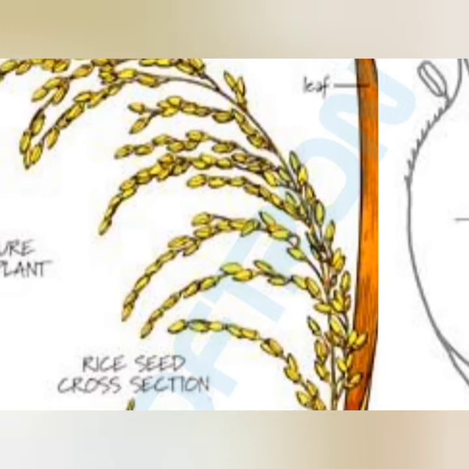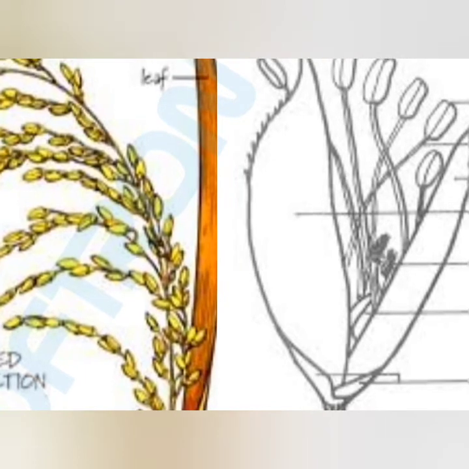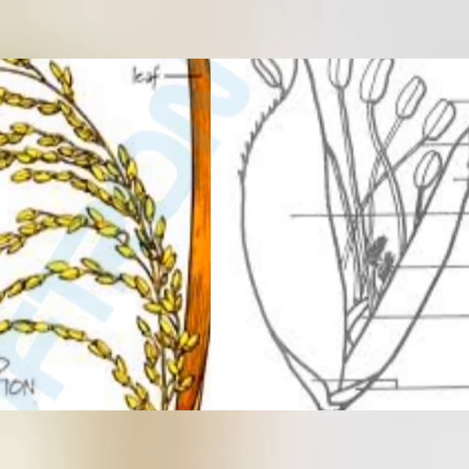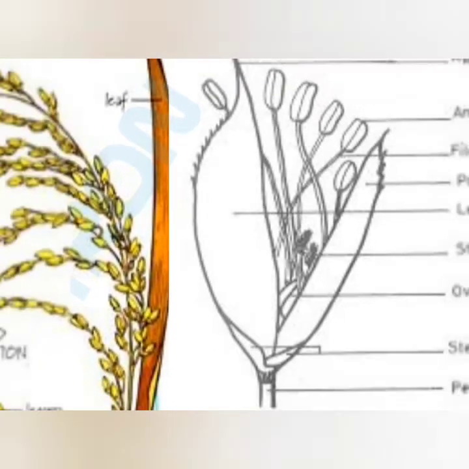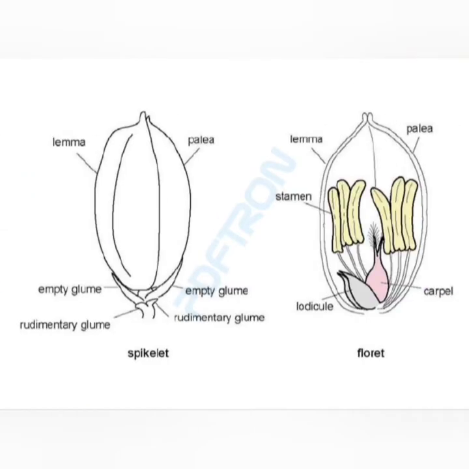Also the lower two florets are usually sterile. Let me show you in this figure. You can see here in the spikelet there are three florets, and the two lower florets are sterile.